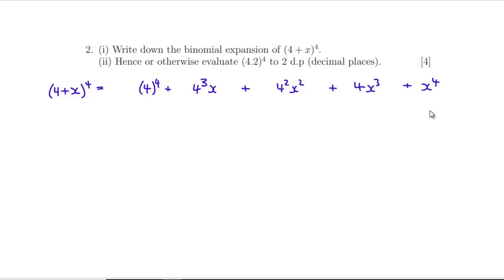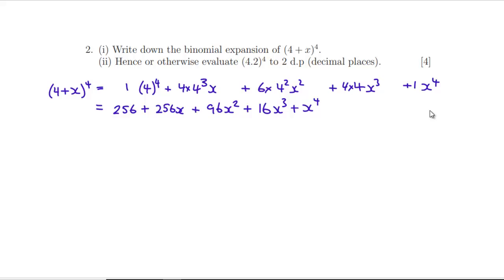So that's all the 4s and the x's, and then we've got 1, 4, 6, 4, 1. So 4 to the 4 is 16 squared, which is 256. Then we've got 256, 256x, 6 16s are 96 x squared, plus 16 x cubed, plus x to the power 4. So that was relatively painless for that one.